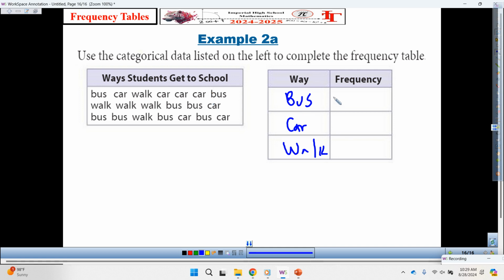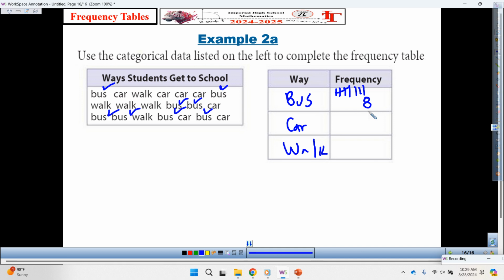Now check this out. Some of you, to keep track once we start getting bigger with a lot of data, start with tallies first. So let's see. Bus. Bus. Bus. Bus. Bus. Bus. Bus. And bus.